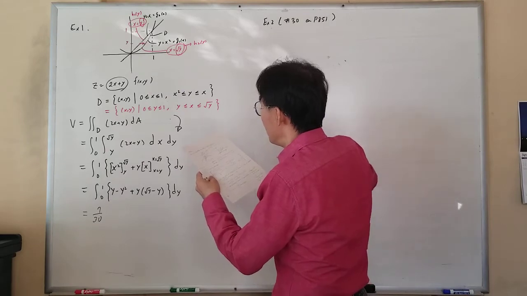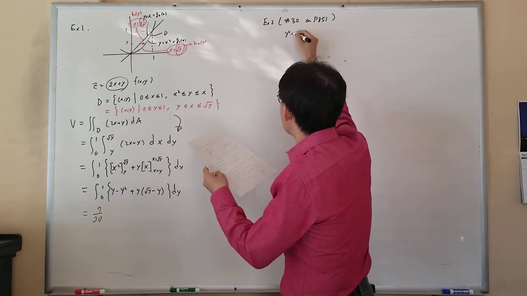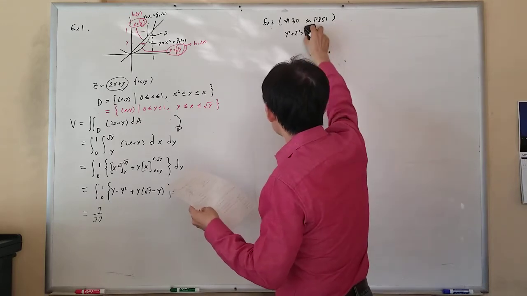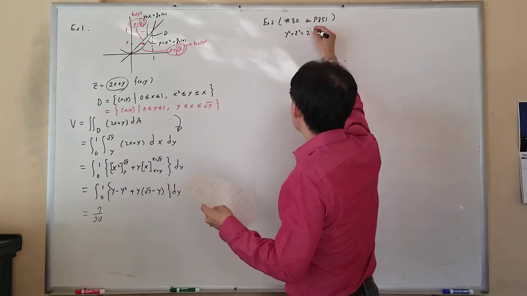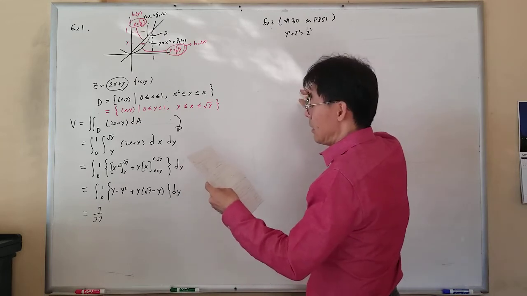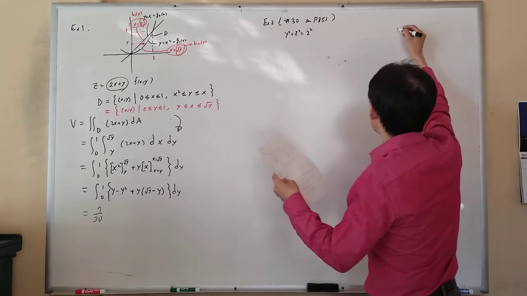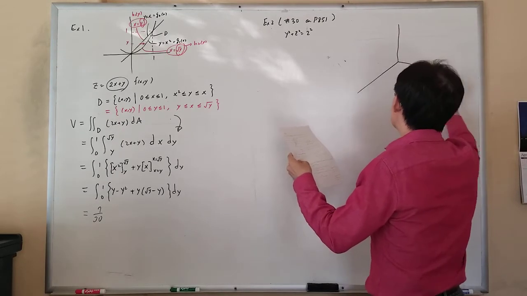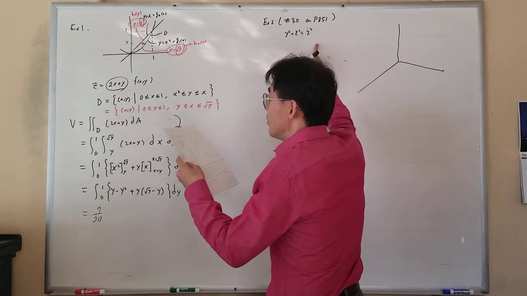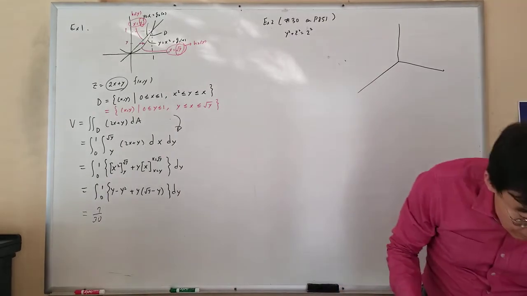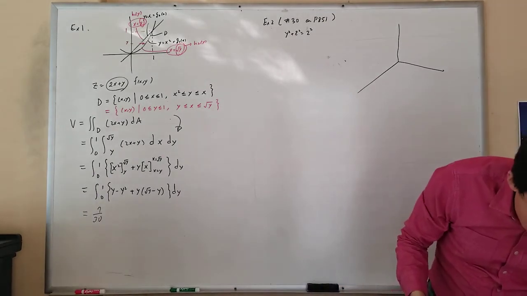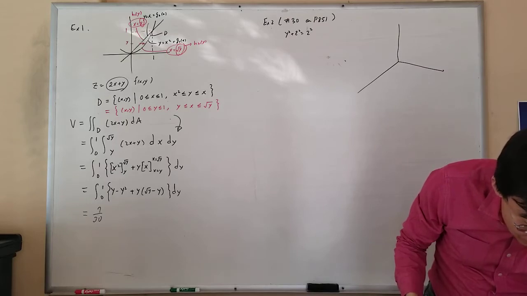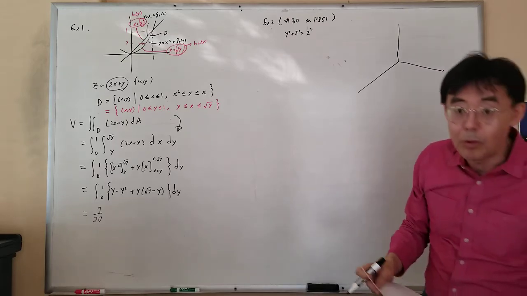So, y squared plus z squared equals 4. This is a circle, if you draw a region like this. Now, they say find the volume of the region bounded by the cylinder, the plane x equals 2y, x equals 0, z equals 0.